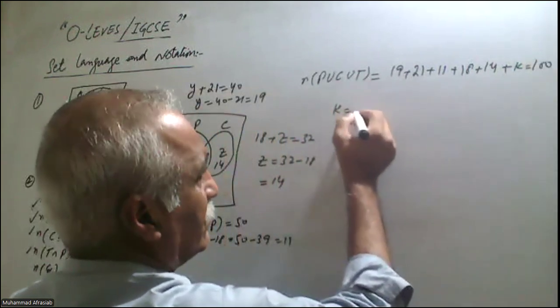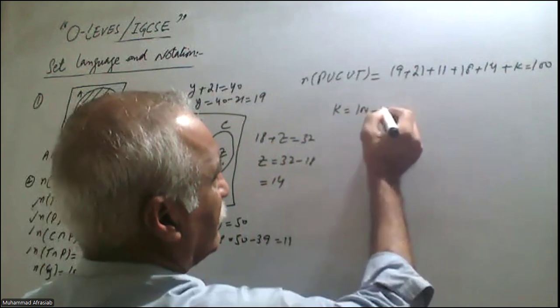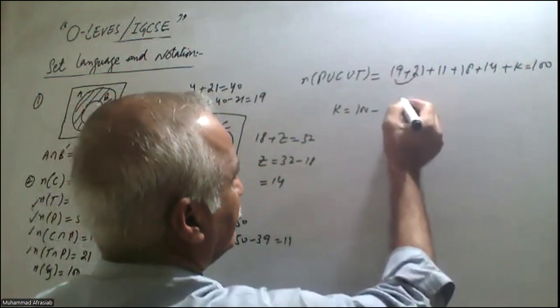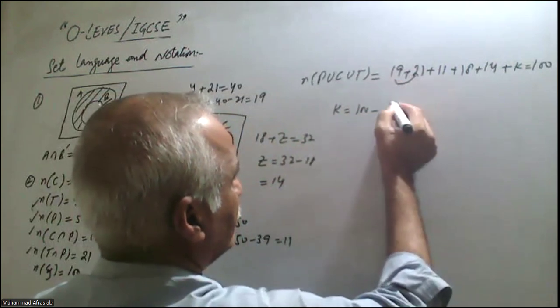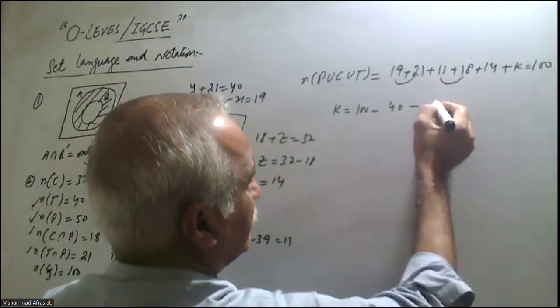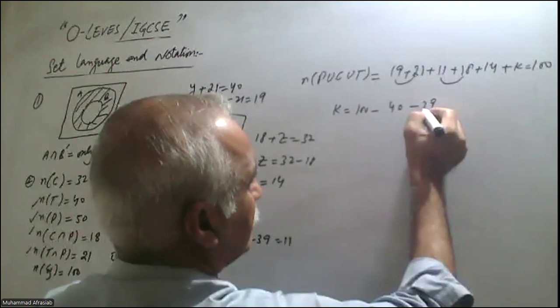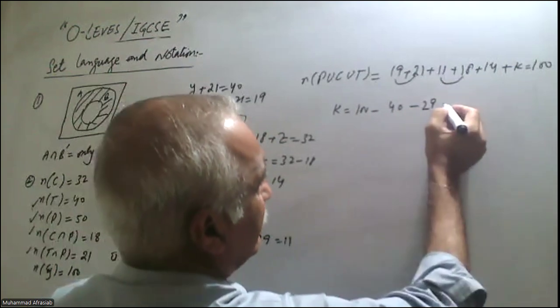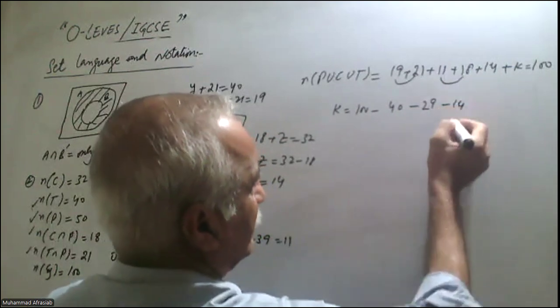Our k should be equal to 100 minus this 40, this 29, and this is 40.